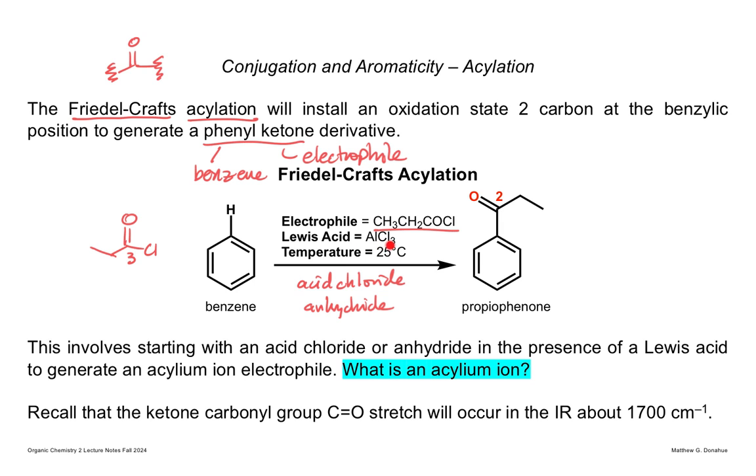We're using the aluminum trichloride as we saw with the chlorination conditions. And then once this reacts, we end up with this phenyl ketone. And then the oxidation state is now reduced because we only have 2 bonds from that carbon to that oxygen. So overall, the electrophile is reduced from 3 to 2, and we end up with a ketone.